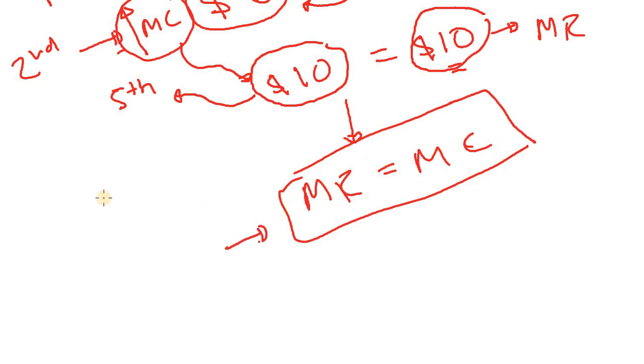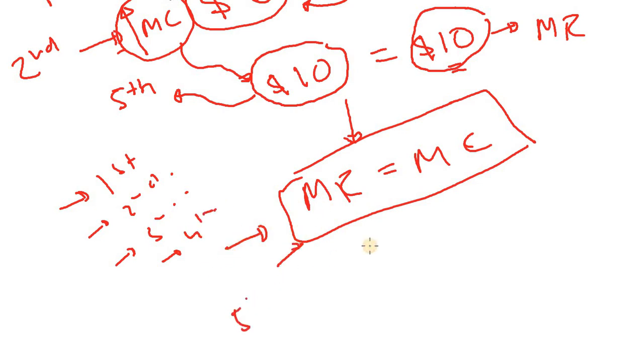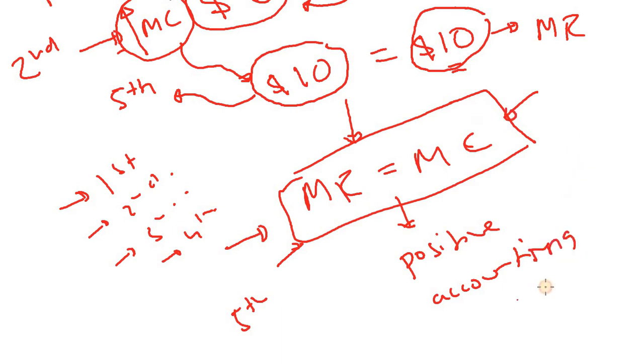So what is the idea? From the first burger, the business makes some profit. From the second, third and fourth burgers, there is some profit, and this is the case for the fifth burger as well. So when the marginal revenue is equal to marginal cost, there is still some positive accounting profit, according to economic theory.